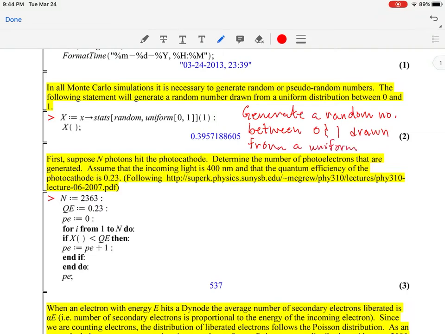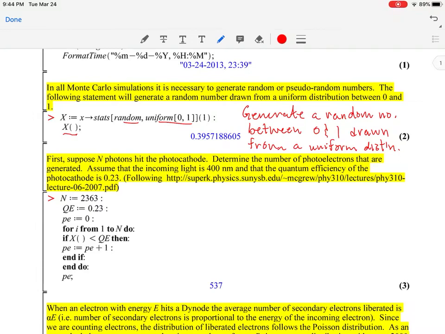A uniform distribution just means that no one number is more likely than another number. And so here's just the syntax for doing that in Maple. It's a random number from a uniform distribution between 0 and 1. And I just called that function x so that when we call x, it spits out one random number. It happened to be 0.39.